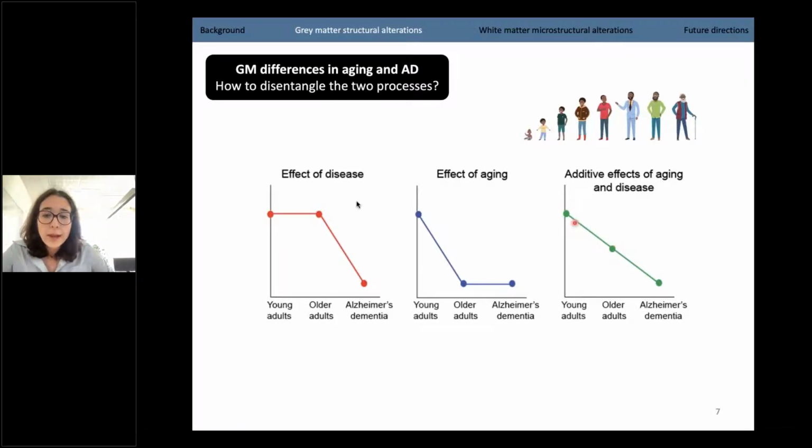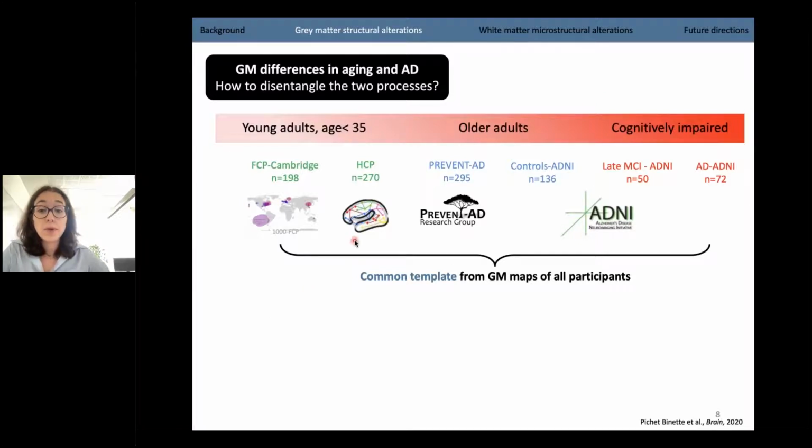To answer this question, we aggregated data from multiple open access datasets. We ended up with more than 1,000 participants, from which we have two groups of young adults, two groups of cognitively normal older adults, and two groups of people who have the clinical symptoms of Alzheimer's disease.